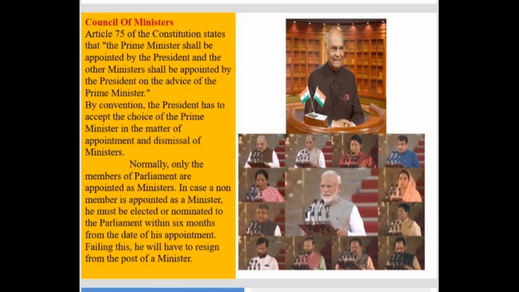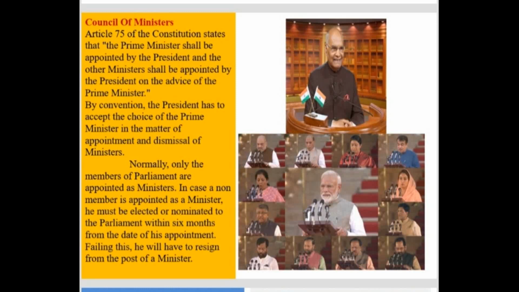So after understanding the appointment of the Prime Minister, the other important functionary who helps the Prime Minister is the Council of Ministers. So once the Prime Minister is appointed, then the procedure of appointment of Council of Ministers will start. Article 75 of the Constitution explains this Council of Ministers and their appointment.